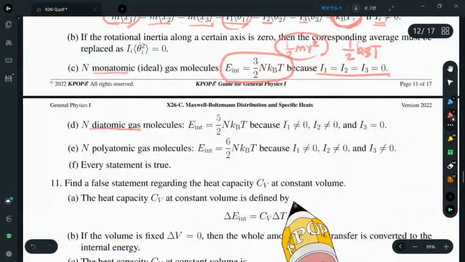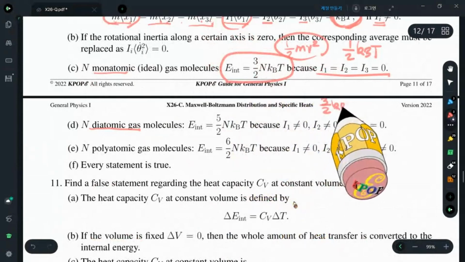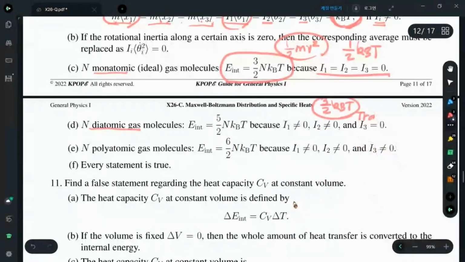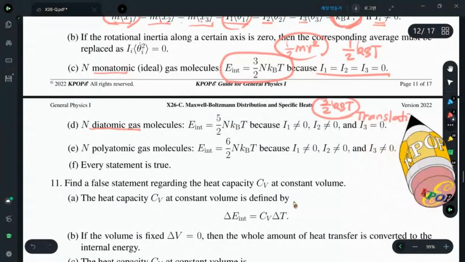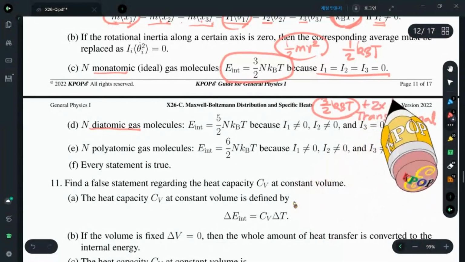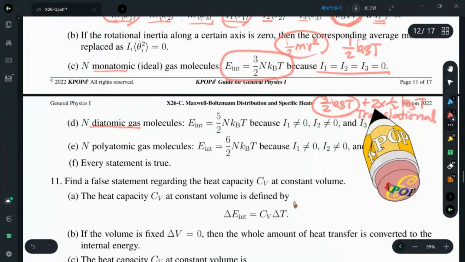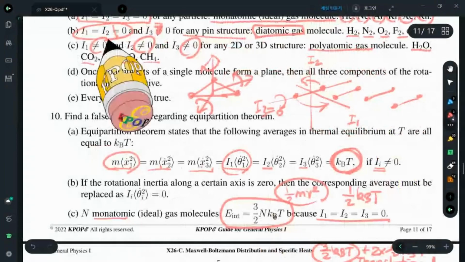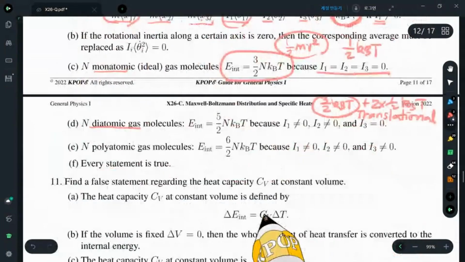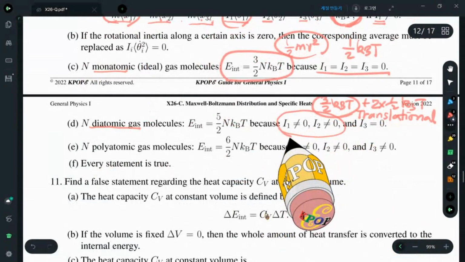So we have 3/2 kBT for the translational kinetic energy, and 2 times 1/2 kBT for the two independent axes of rotation that carry non-vanishing rotational inertia.